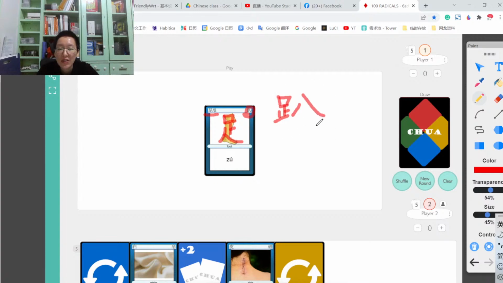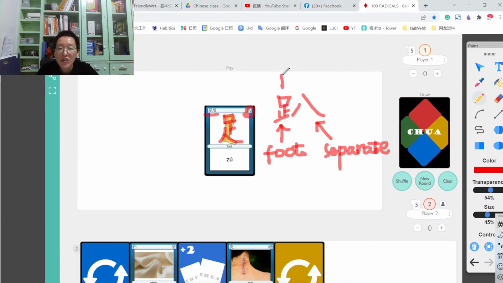So in this character, the left radical means foot, and the right radical means separate. So you will know, okay, foot plus separate. What is this separate? Actually, it's your feet separate.